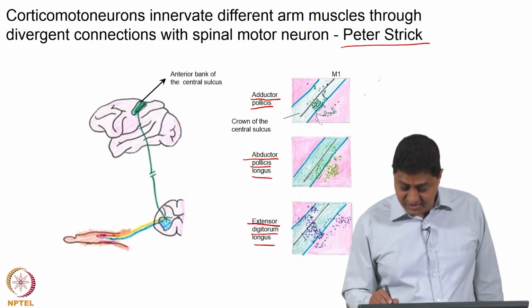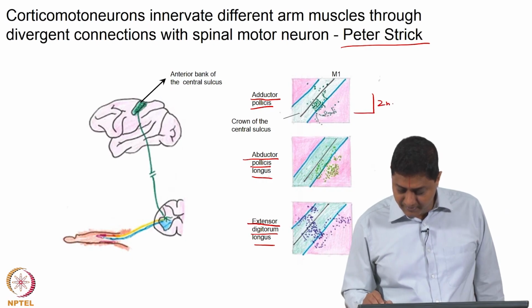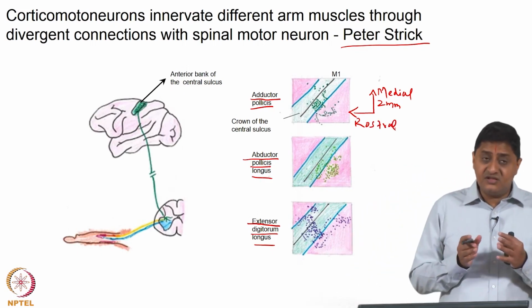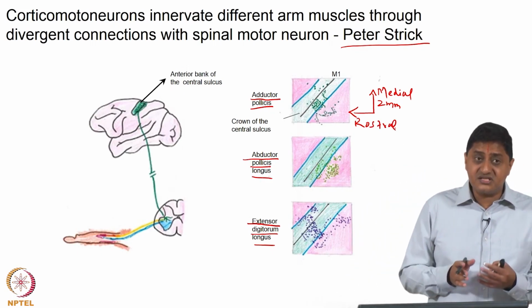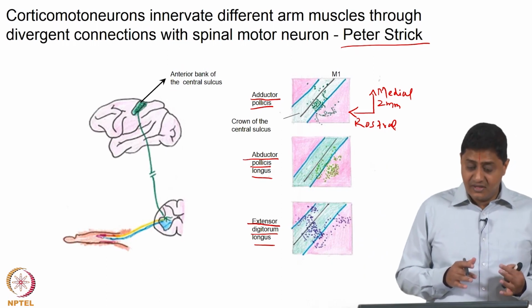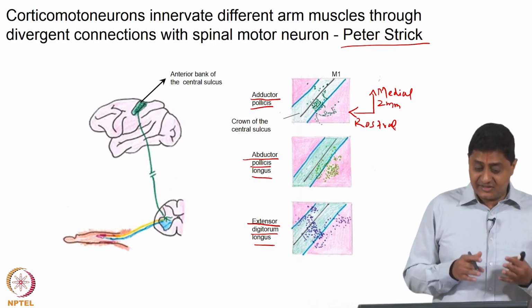That distance is about 2 mm. This direction is medial and this direction is rostral. And note, this is in the specific area that is just rostral to the central sulcus, or just anterior to the central sulcus.